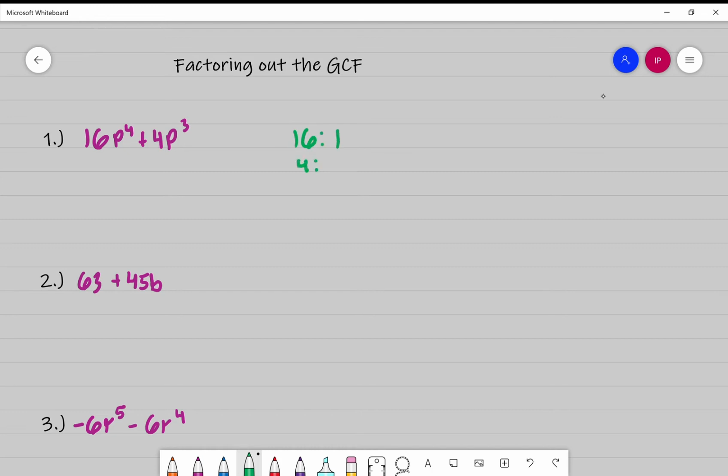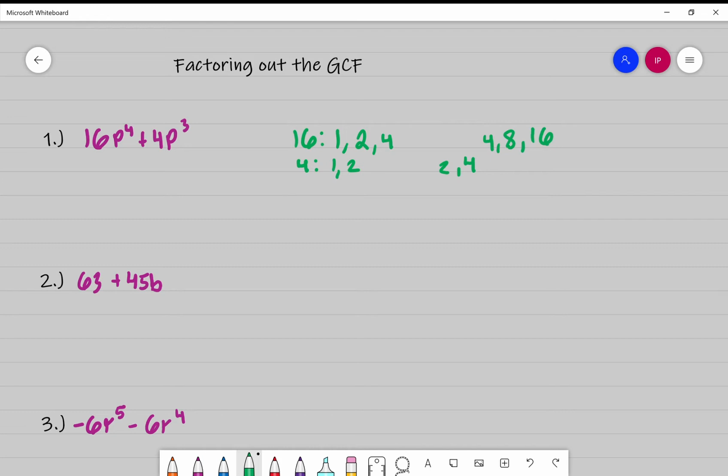So we start with 1 and 16, give you a little gap, then we go up the number line. 2 goes into 16 8 times, 3 can't go into 16, 4 goes into 16 4 times, 5 can't, 6 can't, 7 can't, and 8 can, so we stop right there. So then we do 4. 1 and 4. 2 and 2. We can't go any further, so we can stop there.